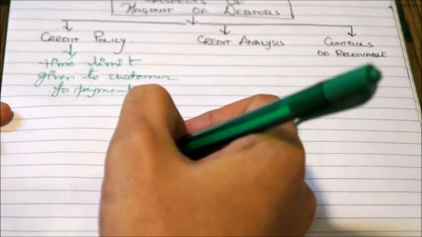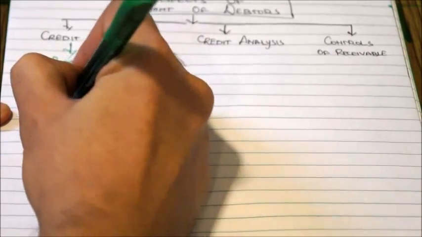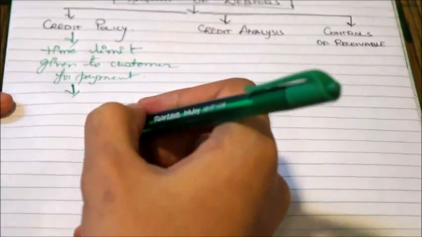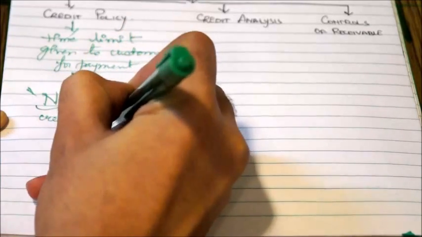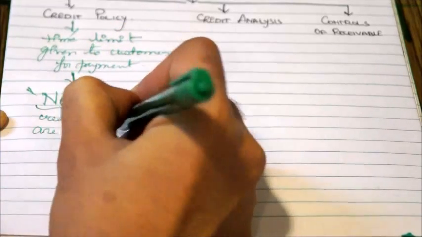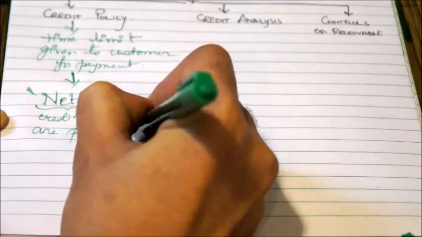Now, how is this credit period actually noted? There is a particular way of noting a credit period. A credit period is noted as net 30. If your credit period says net 30, it means that all your credit obligations are paid in 30 days.